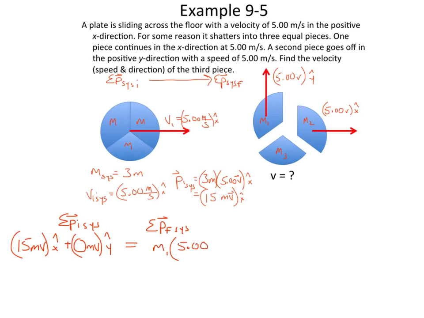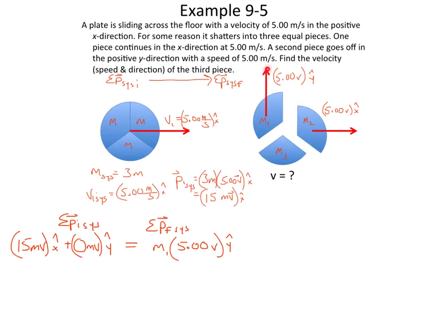We're not going to say meters per second, we're just going to say velocity. Okay? That takes care of this guy right here. So it is 1 mass unit, 5 velocity y hat.